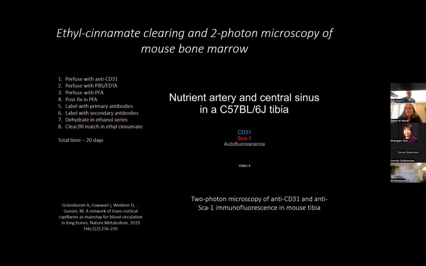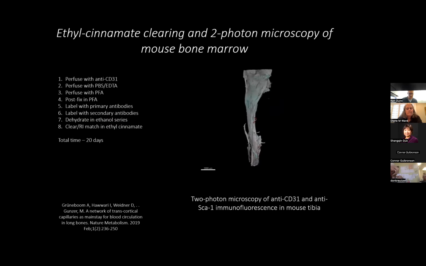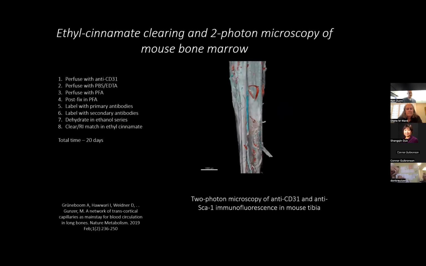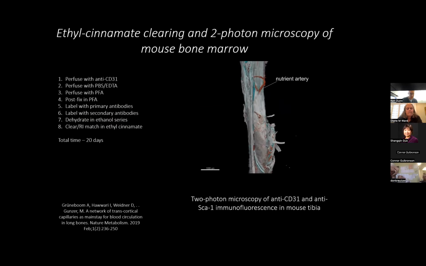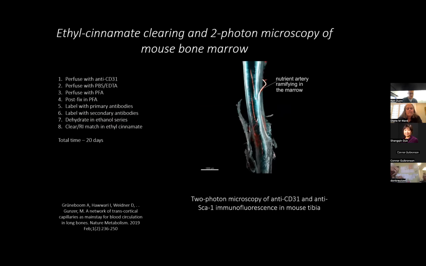Here's another example. Now, this is collected with 2-photon microscopy, but I apologize for that, but it is what it is. There's another example of doing 3D microscopy of cleared tissues. This is based on ethyl cinnamate, which is very cool because it's not toxic. It's relatively fast, and it gives you a refractive index very similar to the protein.